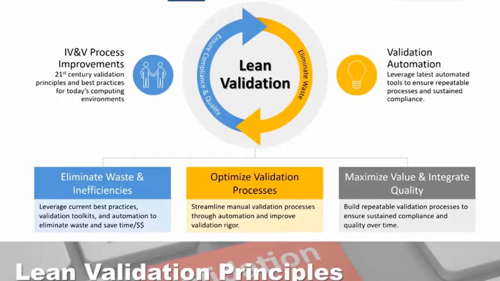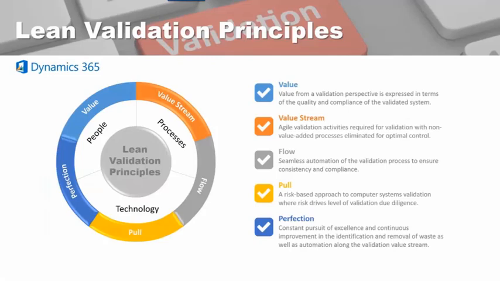For those of you who are familiar with lean, this will be very familiar. There are 5 principles: value, value stream, flow, pull, and perfection. What we did for lean validation is we took these 5 principles and added people, processes, and technology for validation to come up with the lean validation principles.